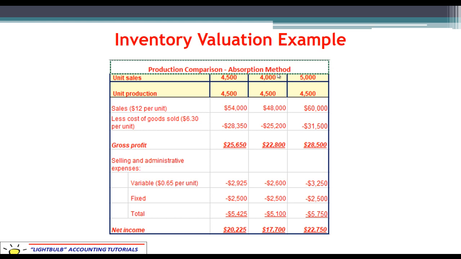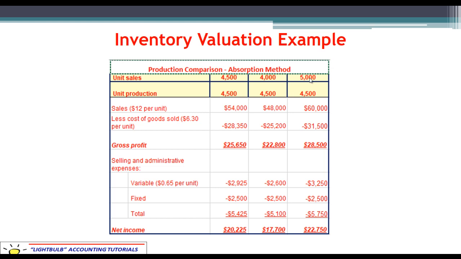The entire amount of fixed manufacturing overhead would have been considered period cost under the variable costing method. So what this means here is we have less sales because we sold fewer units, but we also have less cost of goods sold. Overall, it's going to end up with less net income just compared to itself, this same method.